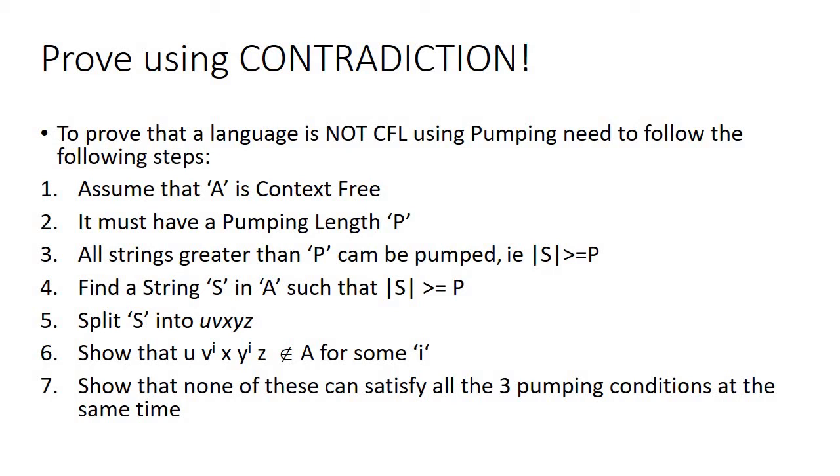So if we try different i selections, there must be some words which are not members of the actual context-free language. If this happens, then we can say that the given language is not context free.